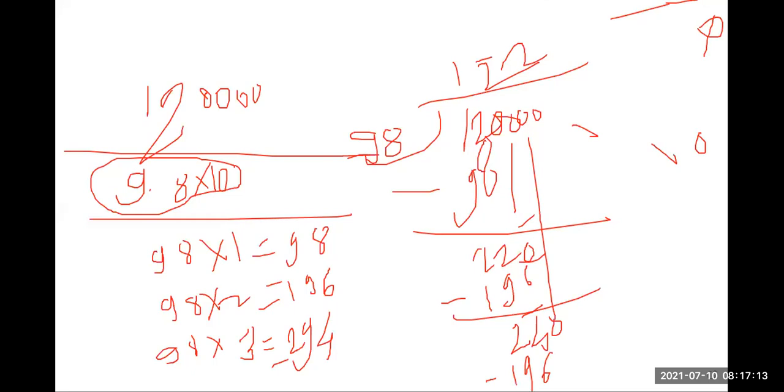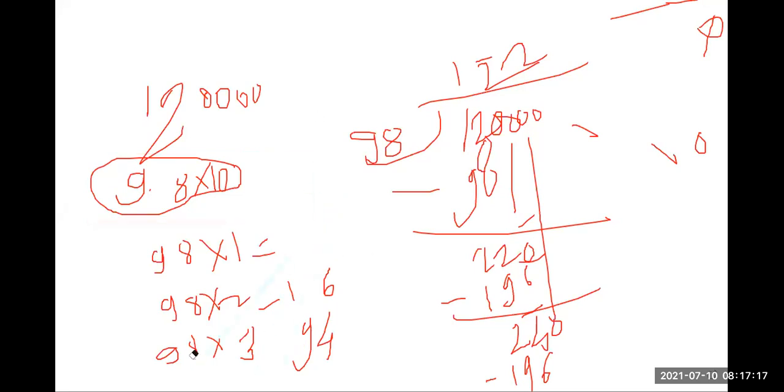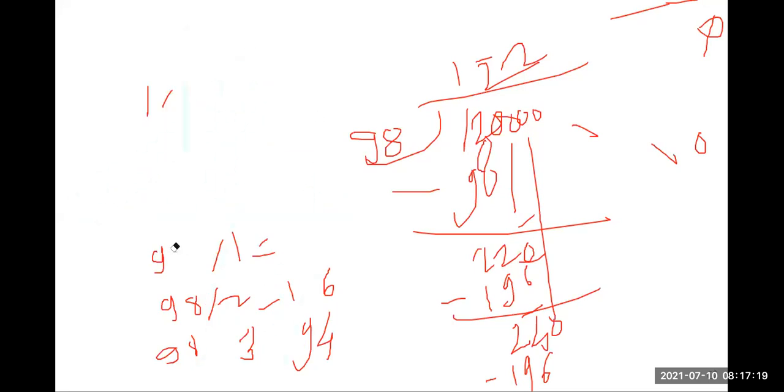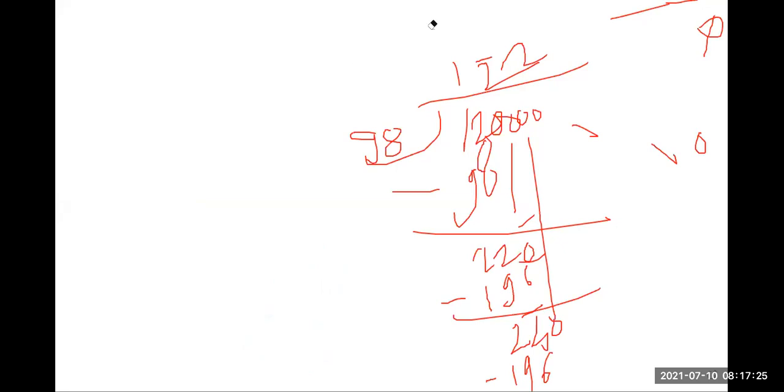What will be the subtraction? 44. Correct. Then take here 44, 1 again, there 0 remain.